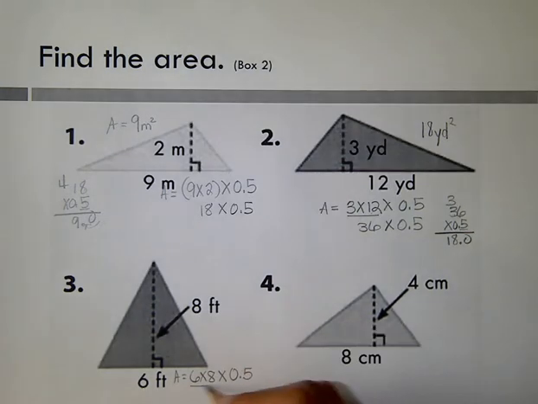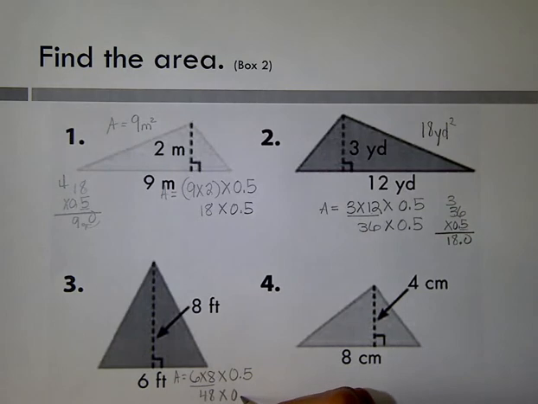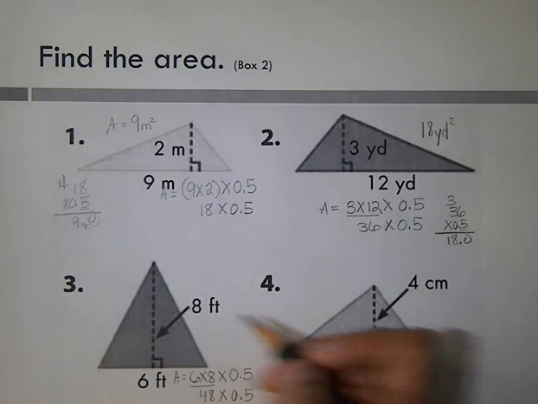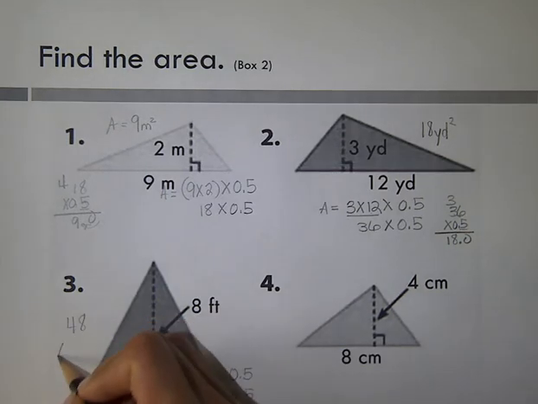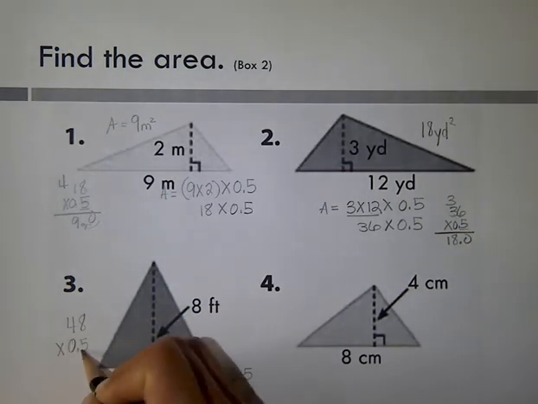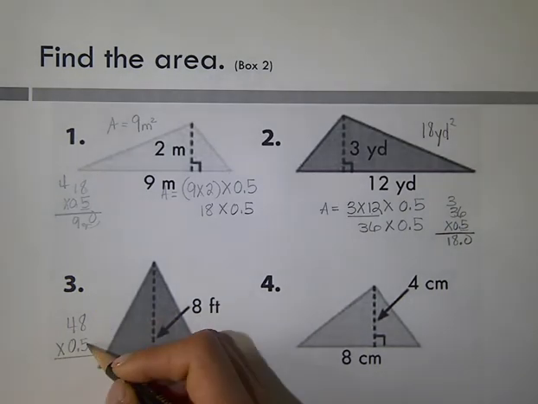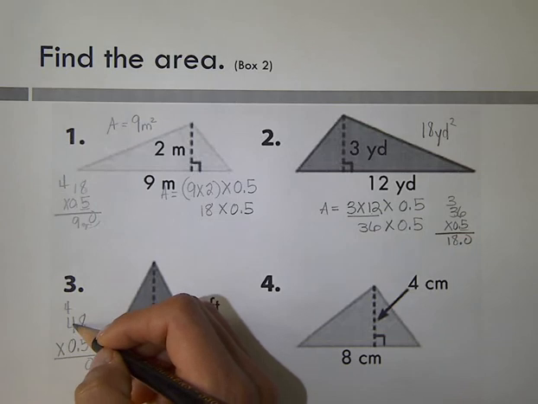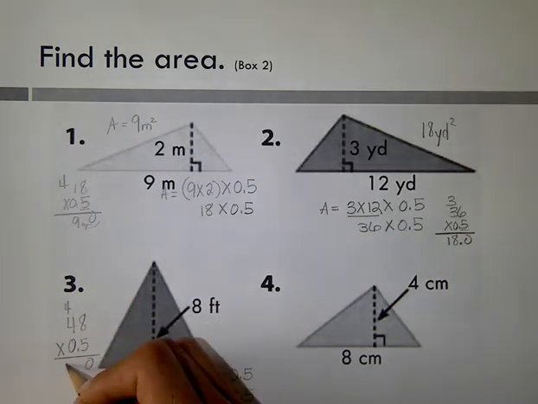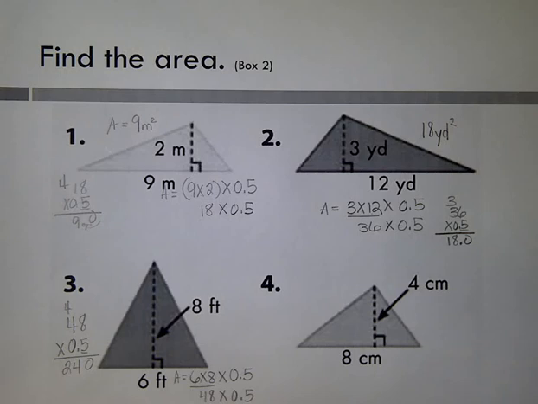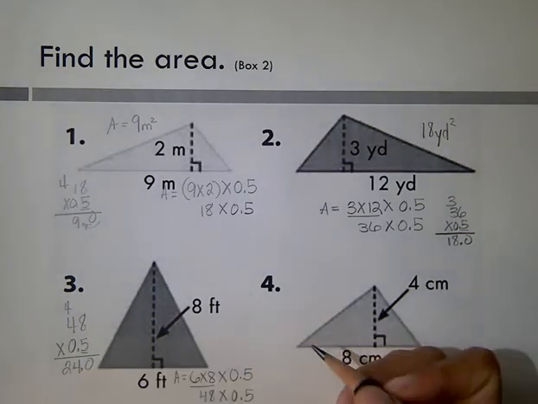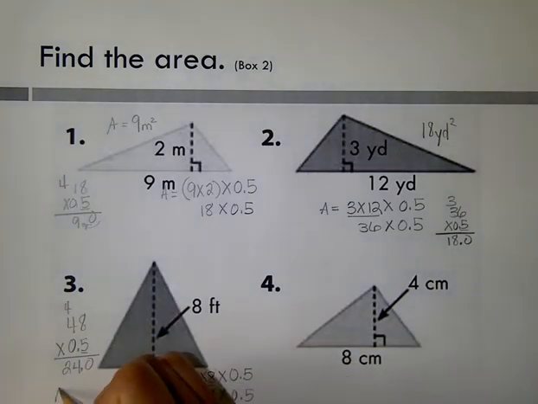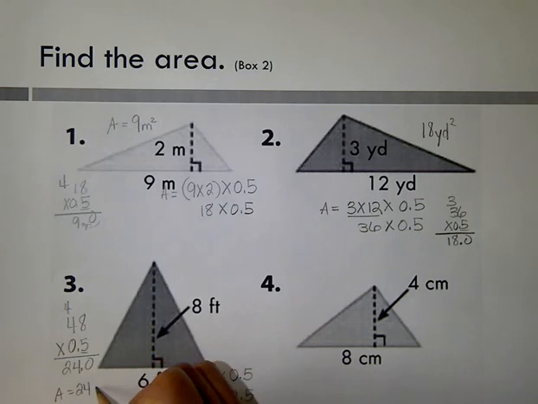So 6 times 8 is 48 times 0.5. 5 times 8 is 40. And 5 times 4 is 20 plus 4 is 24. And I see I have 1 decimal place in. So the area for this figure is 24 feet squared.